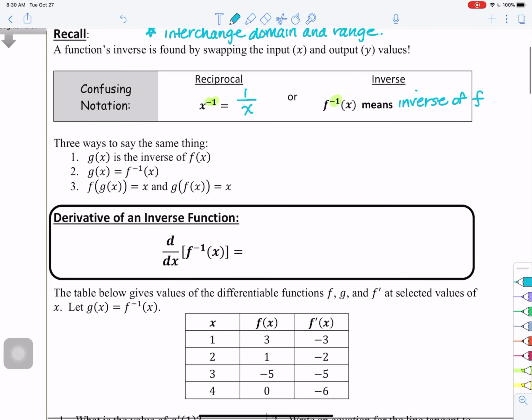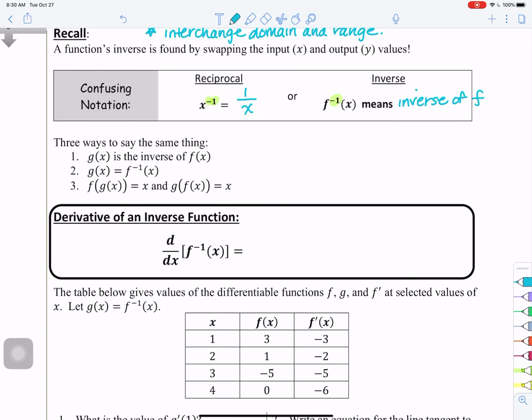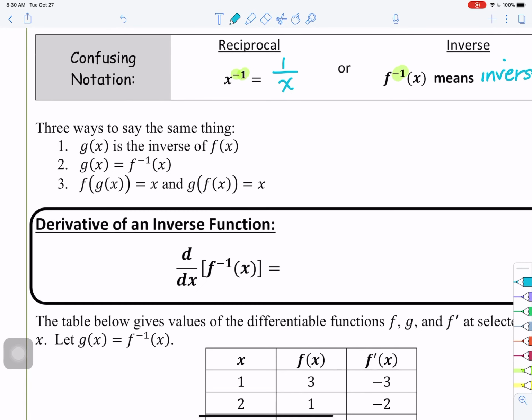Three ways to say the same thing. Basically, these three things say the same thing. g of x is the inverse of f of x. g of x equals f inverse of x. And f composed with g of x equals x, and g composed with f of x equals x.